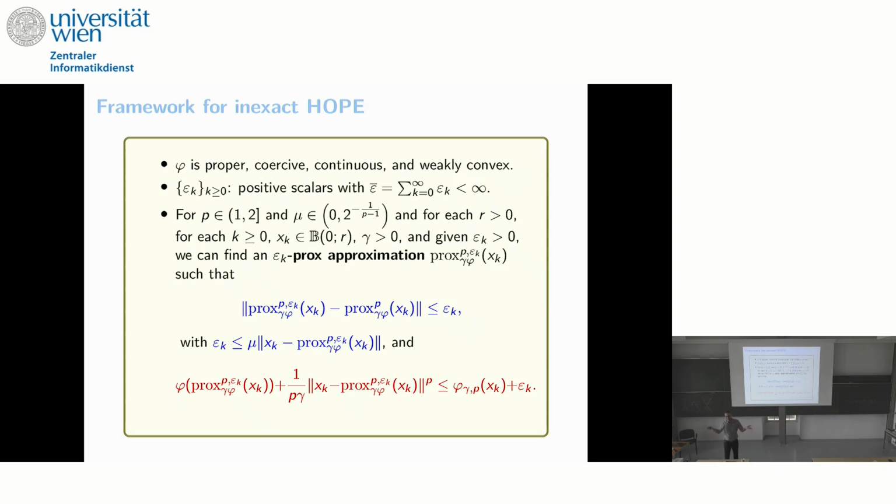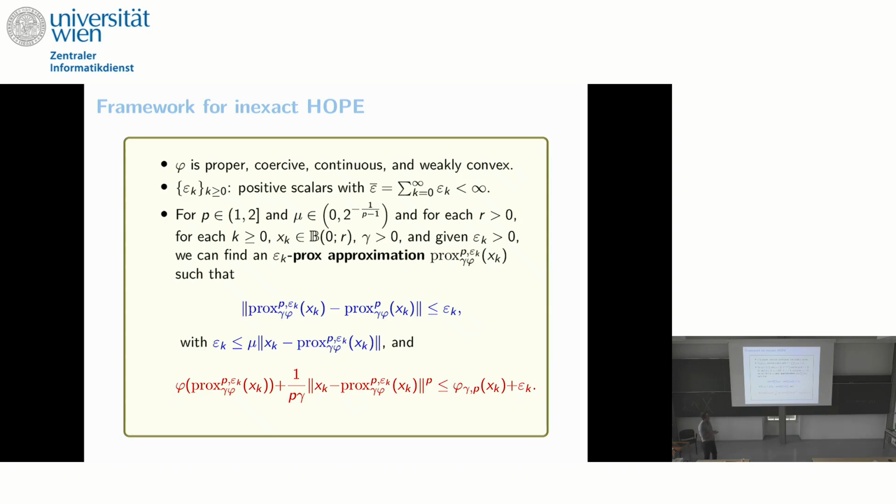So what we do is consider some approximation of that, and we show that in the class of weakly convex functions, it may be single-valued, therefore it could be a convex problem, and we can always approximate that. Okay, so we assume there are these errors, the sum of which is summable as we assumed here.